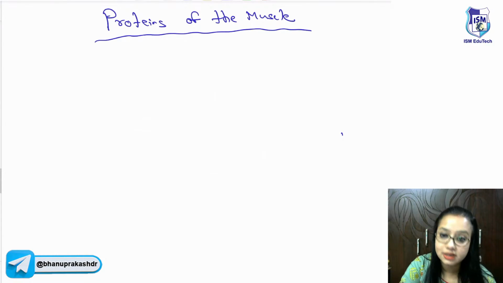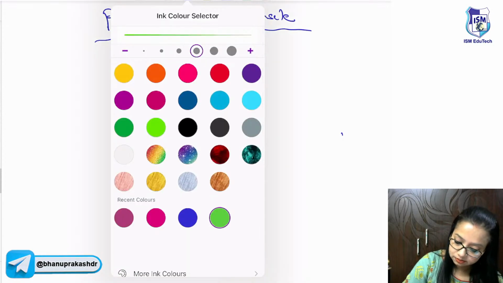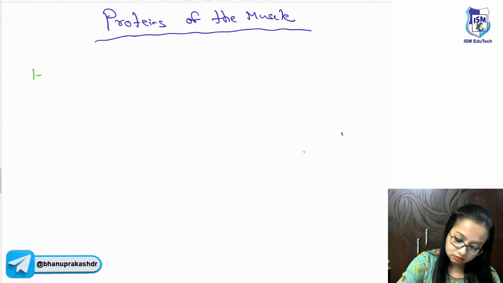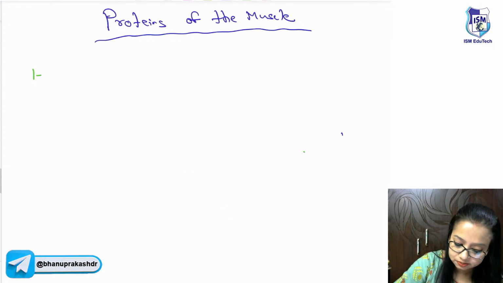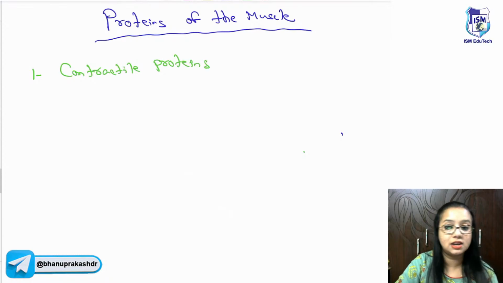The four main types of protein that a skeletal muscle fiber has are, number one, the contractile proteins. Okay, the proteins that carry out contraction of the muscle.